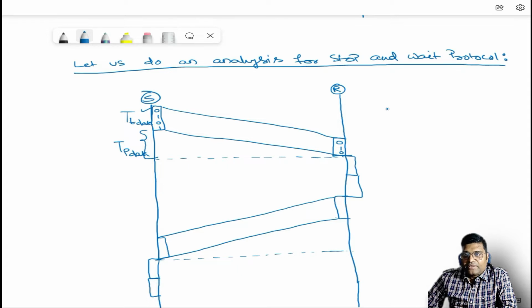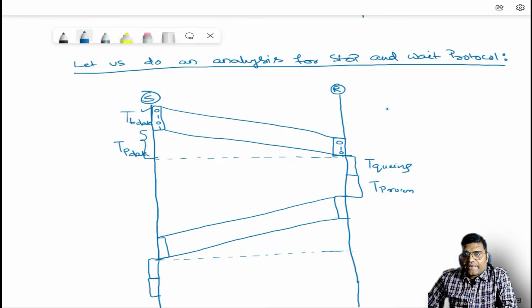After this queuing delay, it will take some time to process the data, and this is the processing delay for this data.